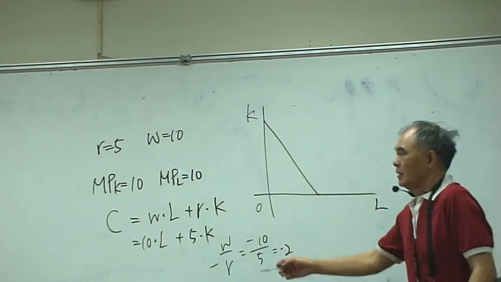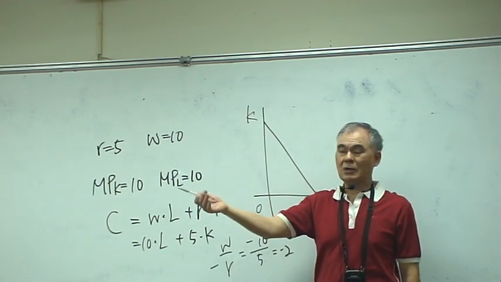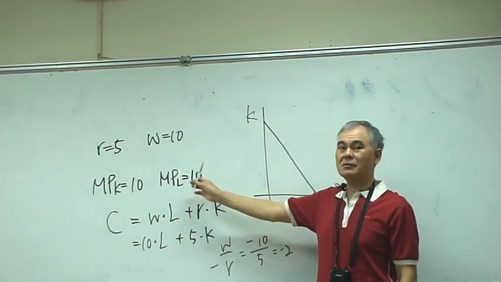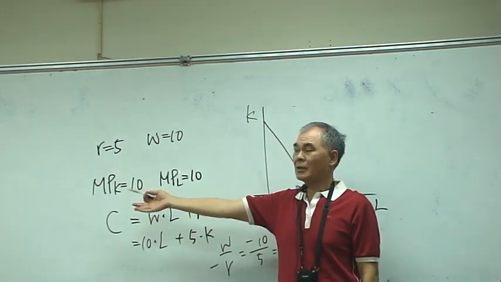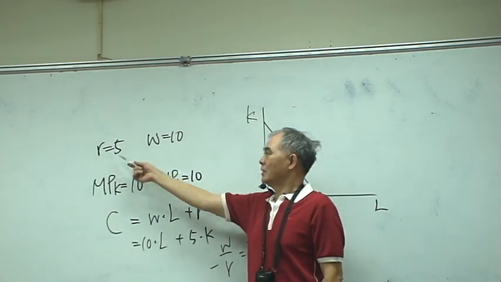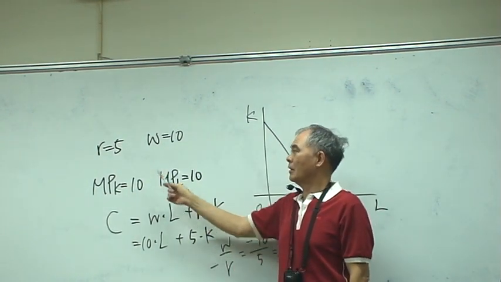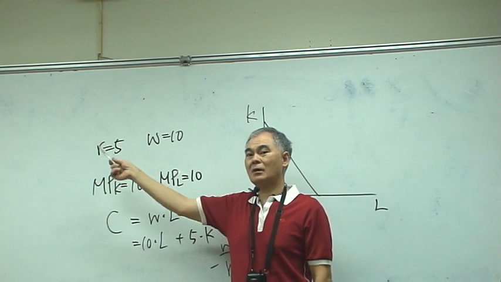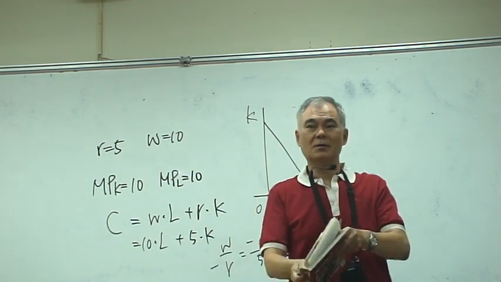Because what you get out of it, you spend money, right? To get out of labor, that's 10. Out of capital, that's also 10, right? But what is the price? This one is 1/2, right? If you get the same thing, and capital only costs 1/2 of labor, so what do we use? Use capital, okay? Good.